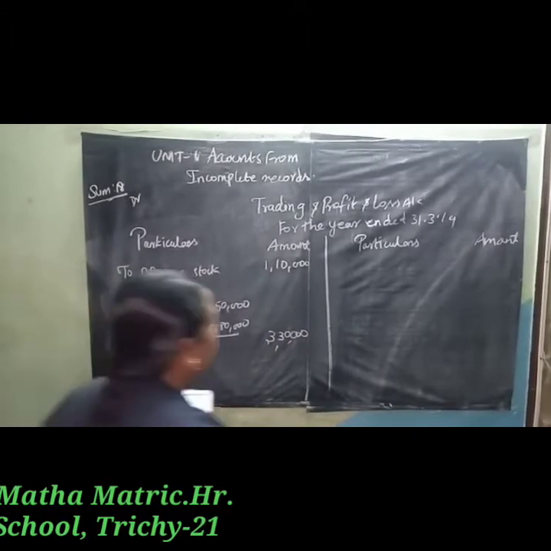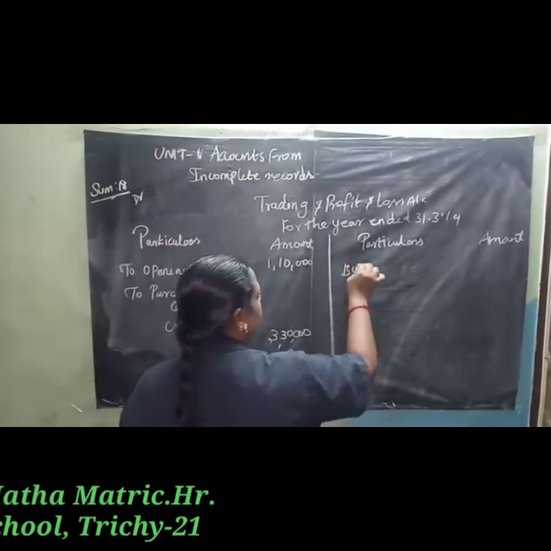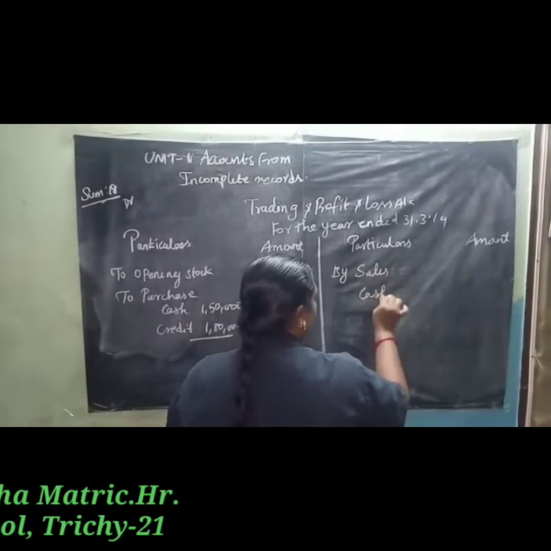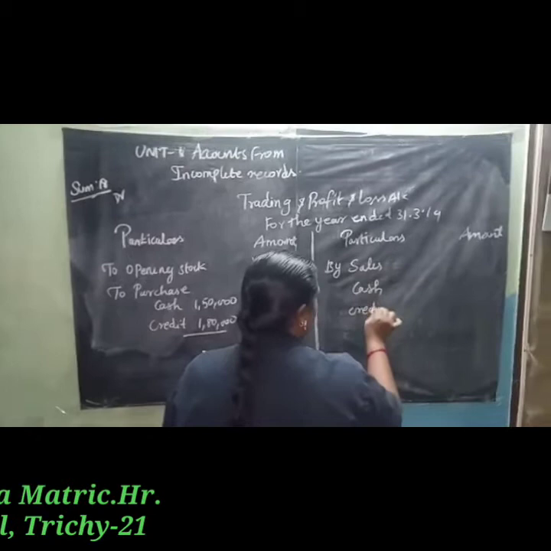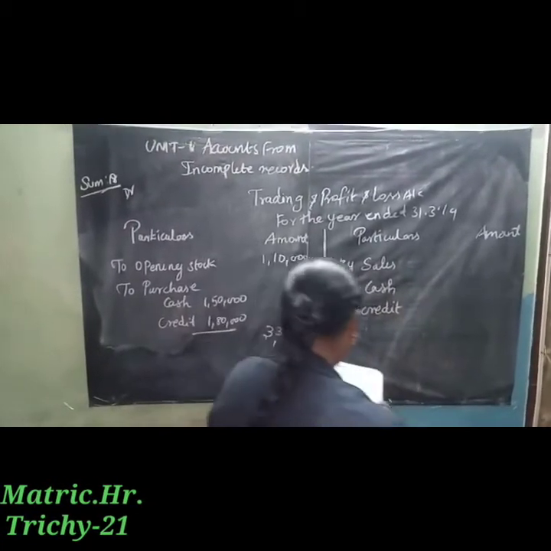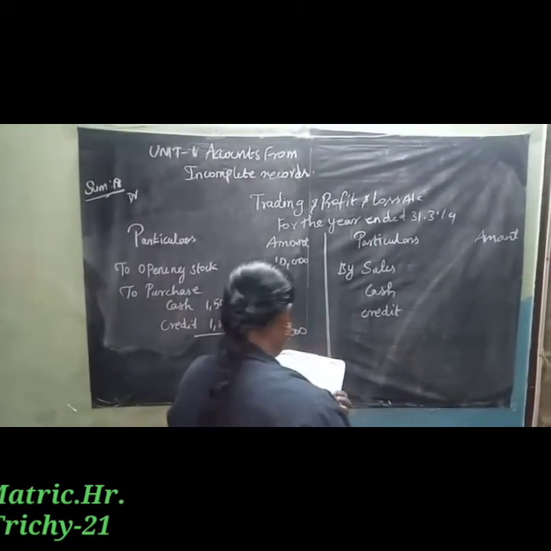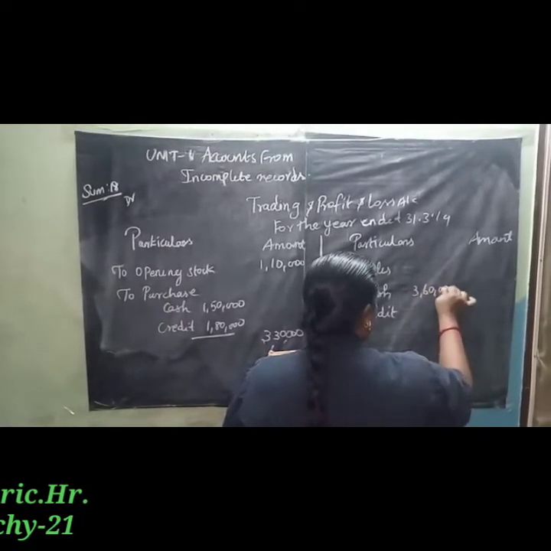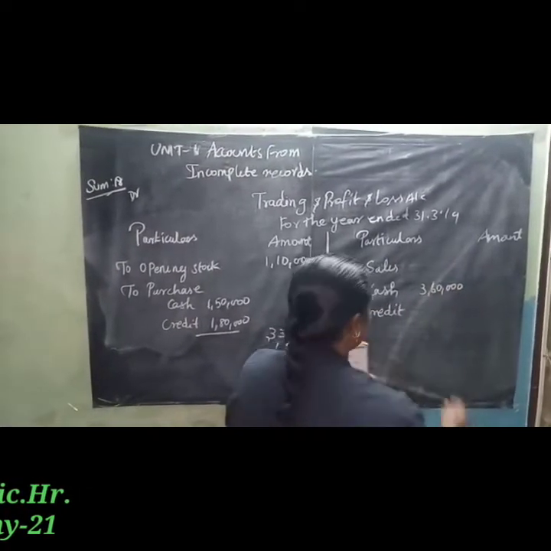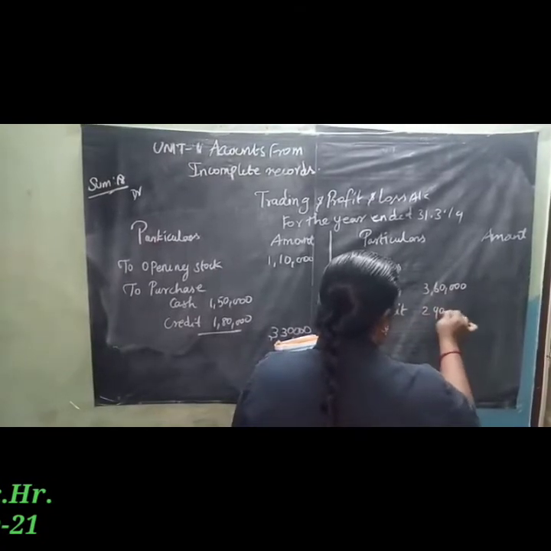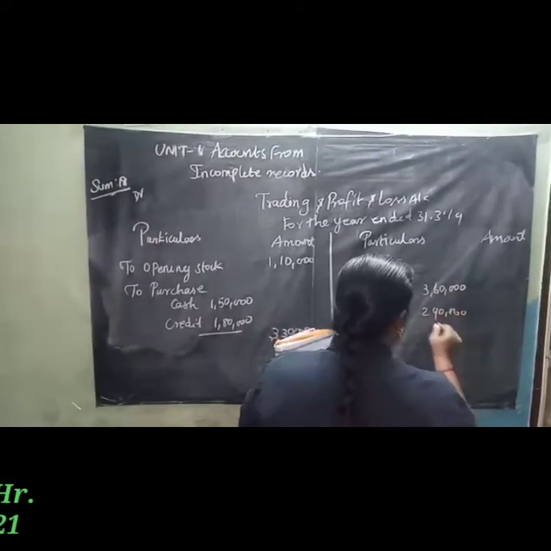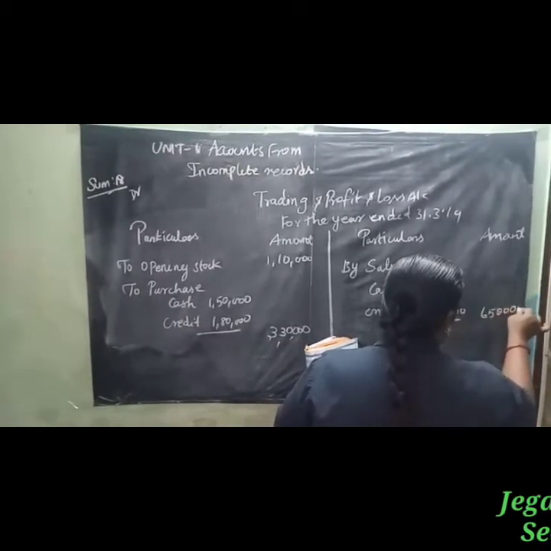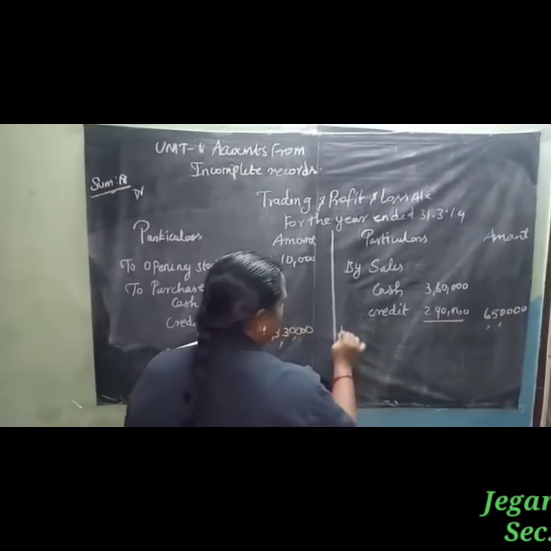Next go to the credit side. By sales, cash and credit sales. Cash sales 3,60,000, then credit sales 2,90,000. Total 6,50,000.